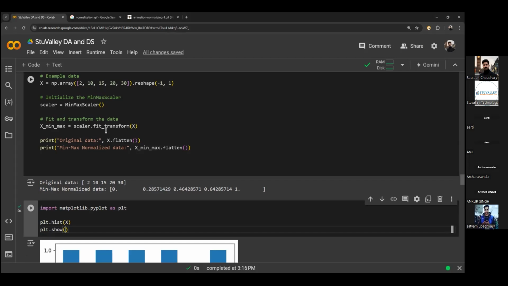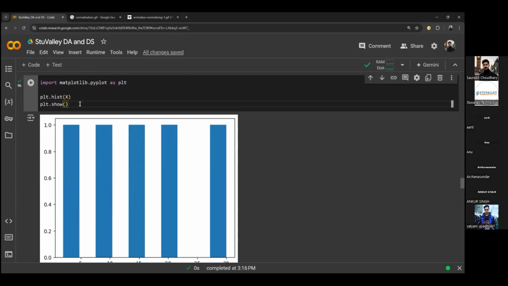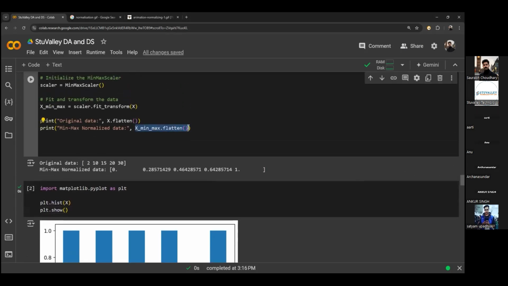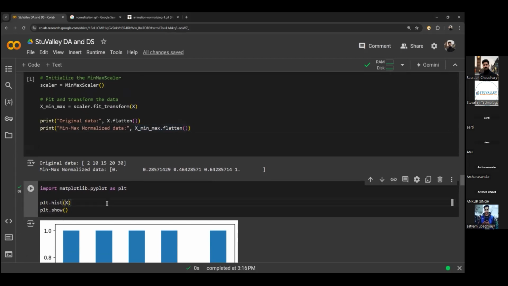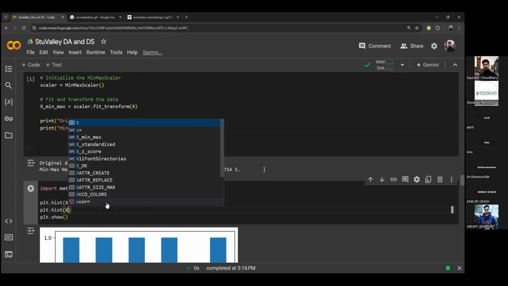Before the data and after, okay, so this one is the before scaling. Now what I'm getting after scaling, you can write here this data, X min max scaler.